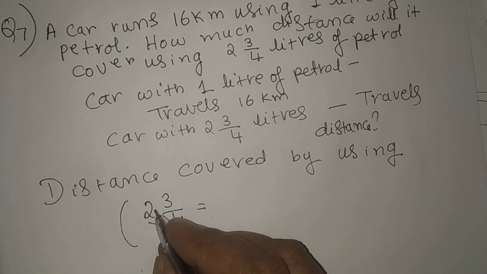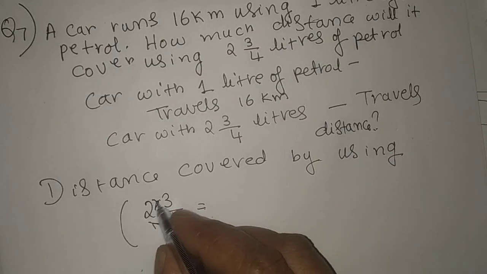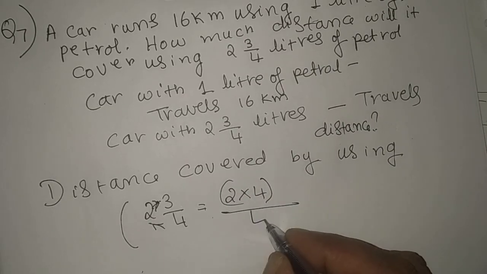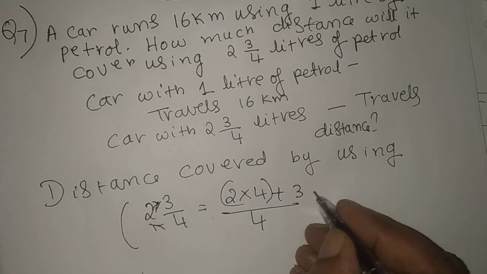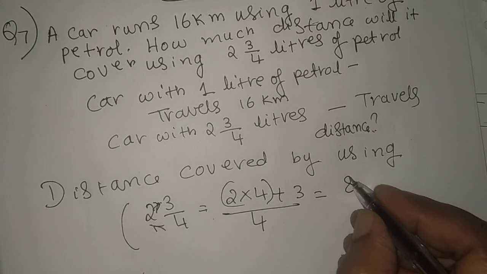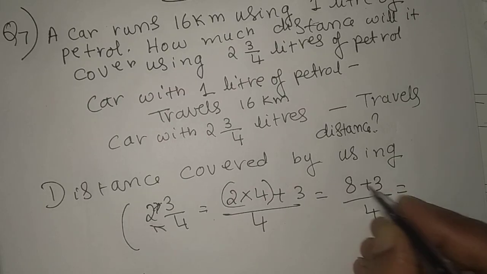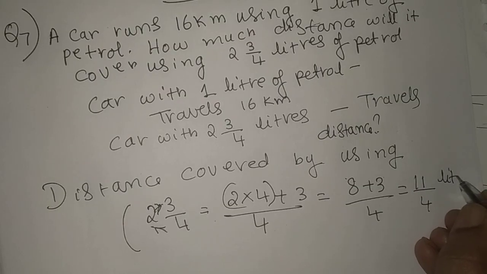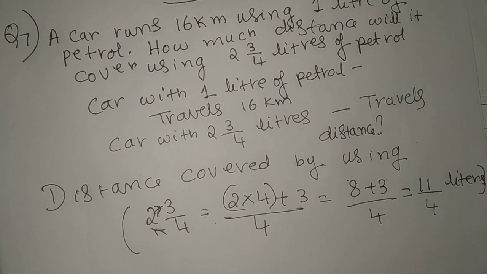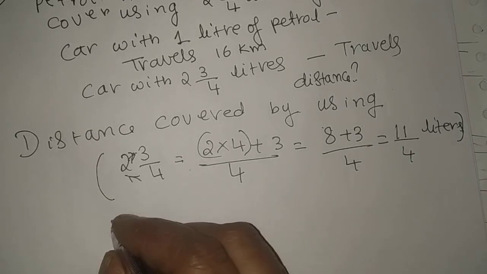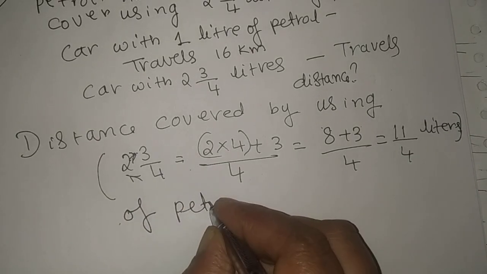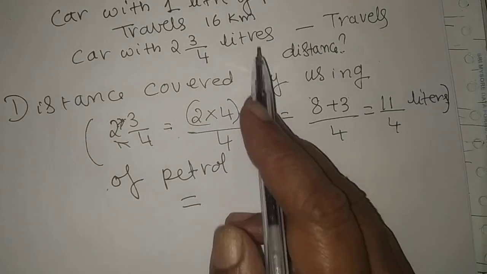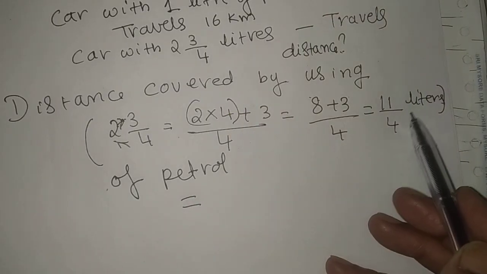We have to convert it like this: that is 2 into 4, plus 3, is equal to 4 twos are 8, 8 plus 3 by 4 is equal to 11/4 liters of petrol. Now take this 16 into this.